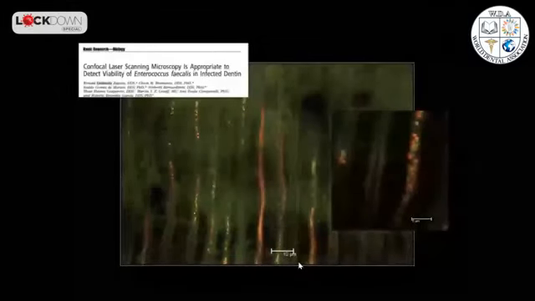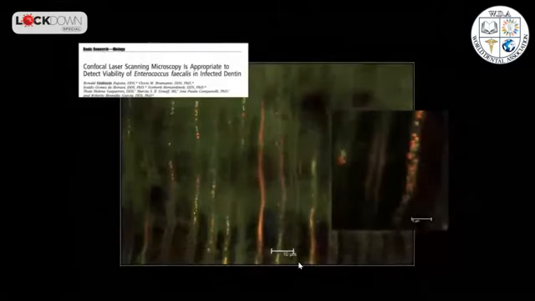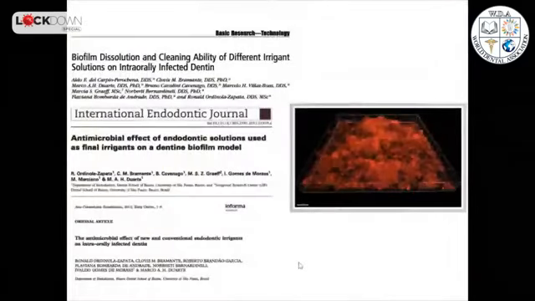And I personally completed some experiments in the past. This is one of my first papers on dentin infection. It was published around 12 years ago. We started to do some research on the effect of root canal irrigants on biofilm-infected dentin.